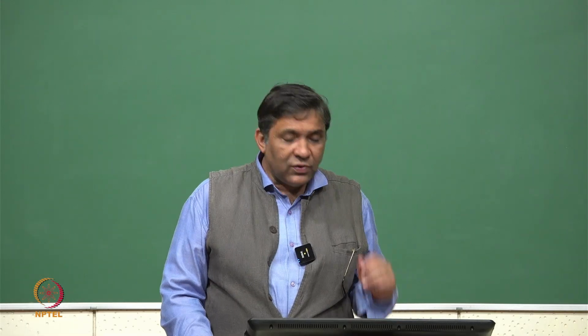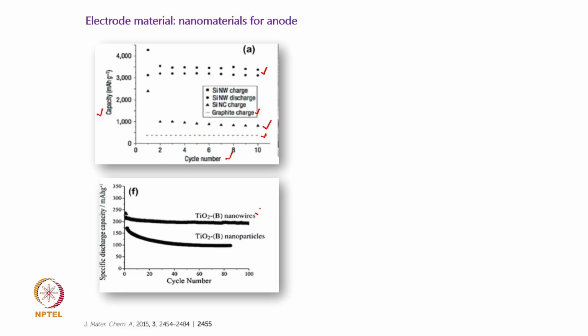This is an extremely important point, and now you can get a direct comparison between nanowire and nanoparticle for TiO2. If you again plot the specific discharge capacity, you can see it is much higher for nanowire as compared to TiO2 nanoparticle, and it is also stable with cycle number, plotted up to 100 cycles, retaining a high capacity value.